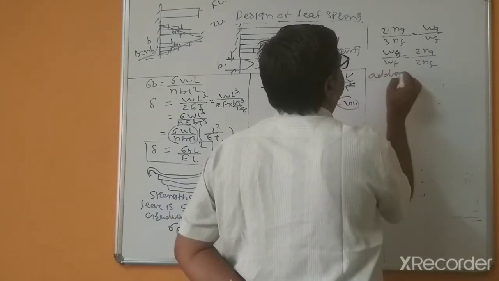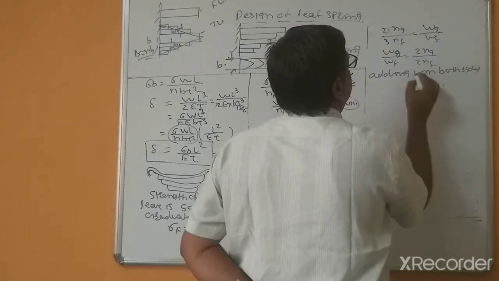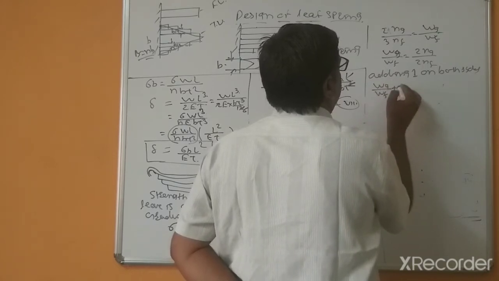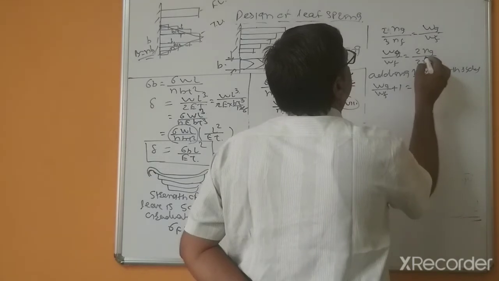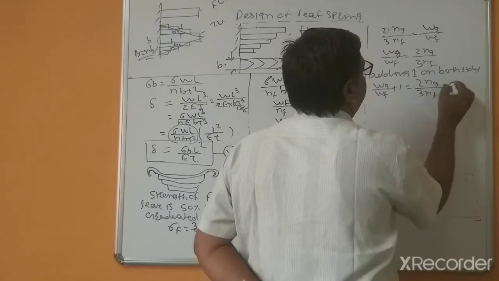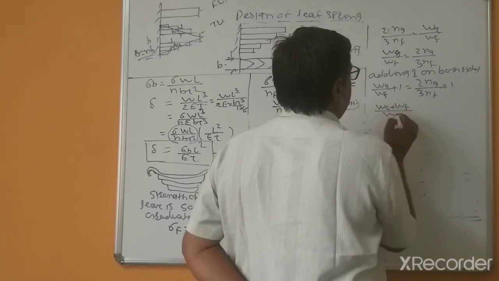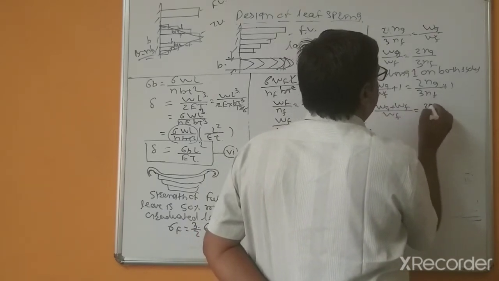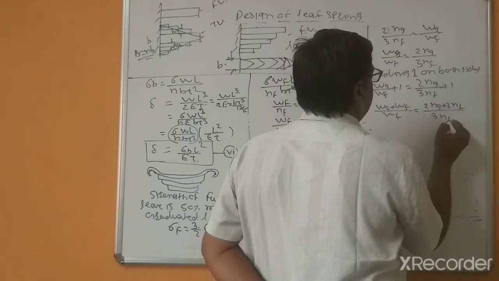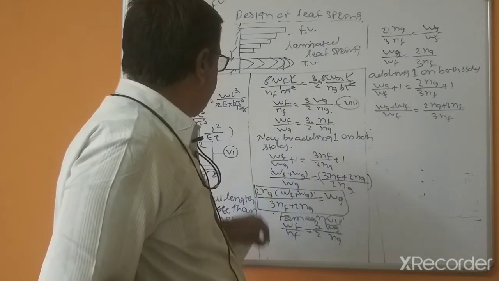Again adding 1 on both sides: WG by WF plus 1, and this is (WG plus WF) divided by WF, equal to (2NG plus 3NF) divided by 3NF.